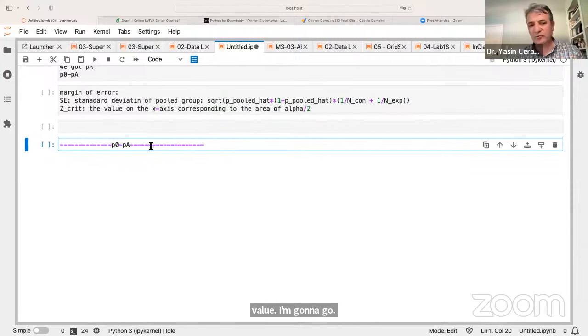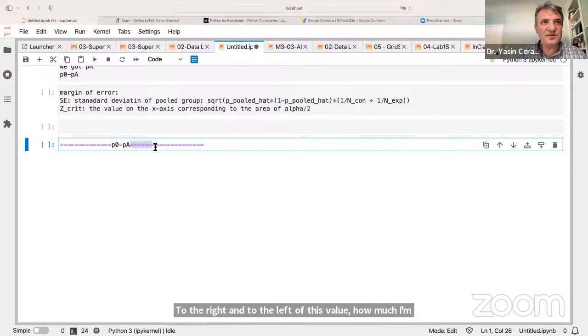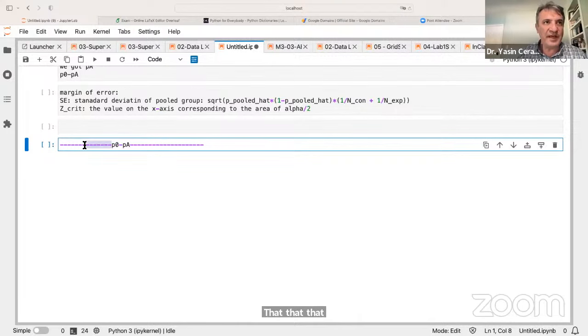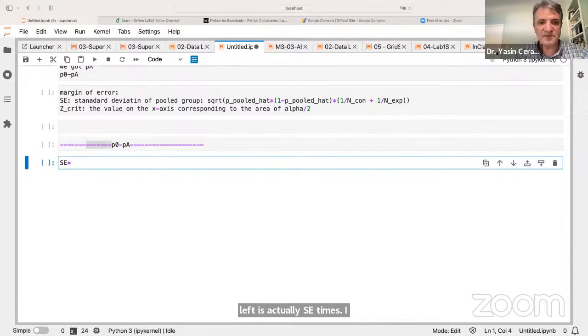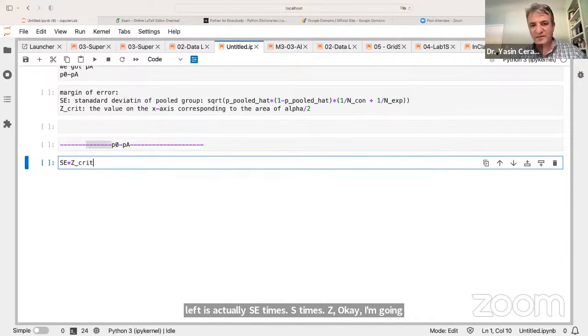How much am I going to go to the right and to the left? That distance is SE times Z critical. I'm going to go this much to the right and this much to the left.